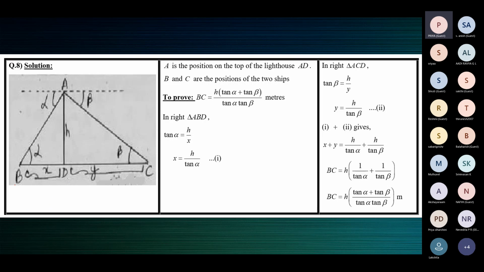So here we have to find BC. That is the distance between the two ships which are on the opposite sides of the lighthouse AD.